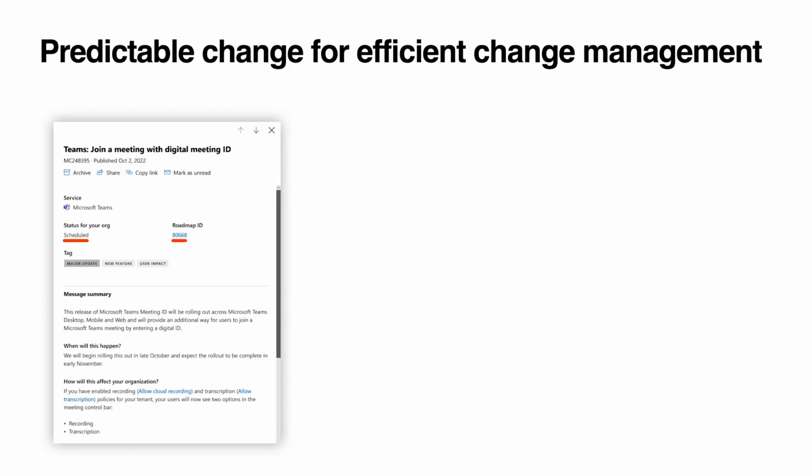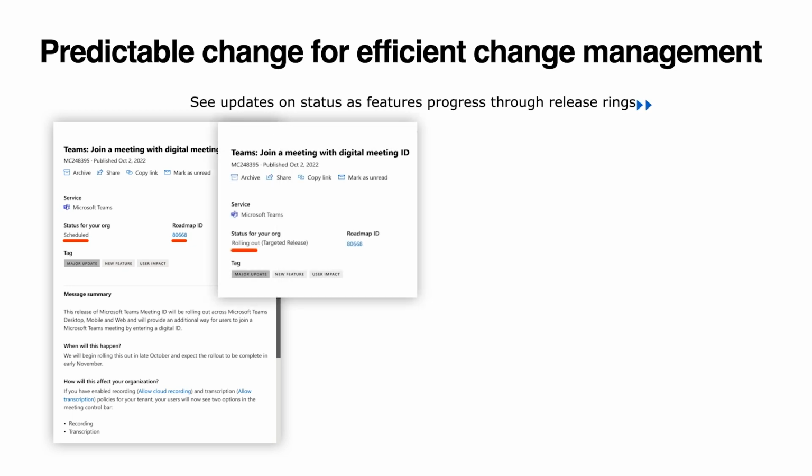The status for your org starts with scheduled, notifying you that rollout is planned but hasn't happened yet. If it is a major update, then it will first go to targeted release, and the status will change to rolling out targeted release.